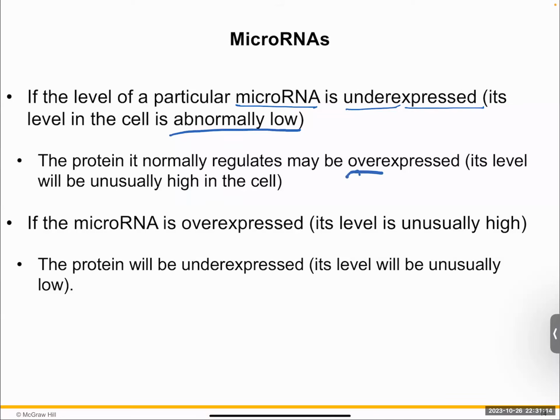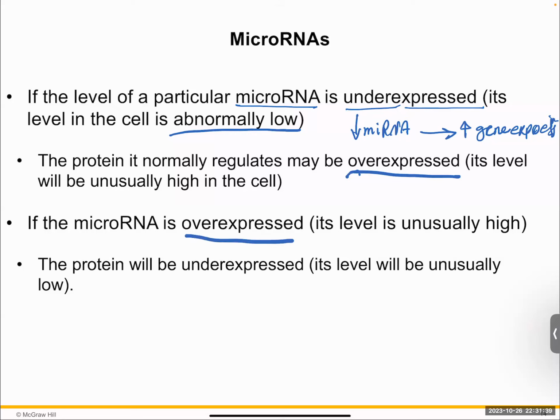More specifically, when I use the word overexpress. So if you have low miRNA, that usually translates to high levels of gene expression, which makes sense because there is no monitoring or way to inhibit the process. Vice versa is also true.